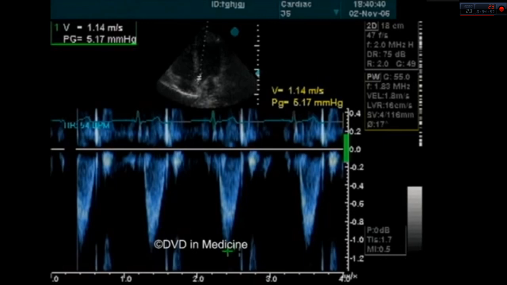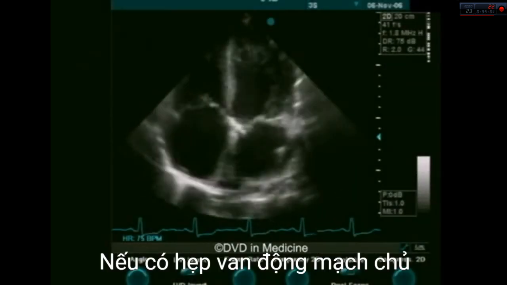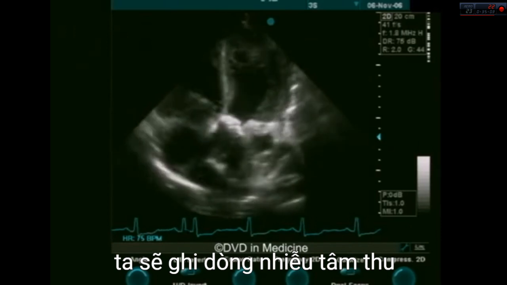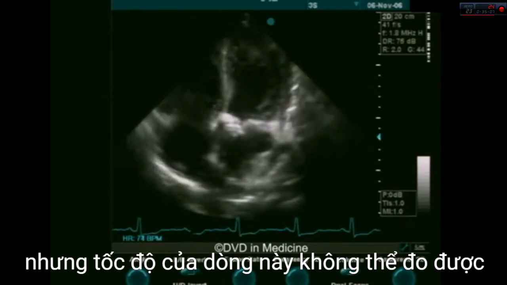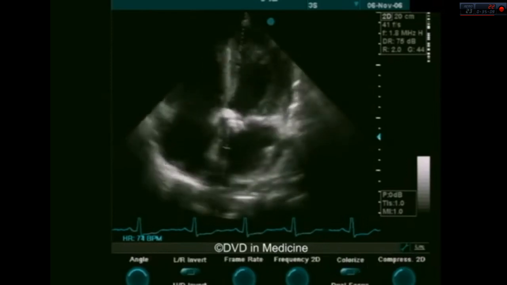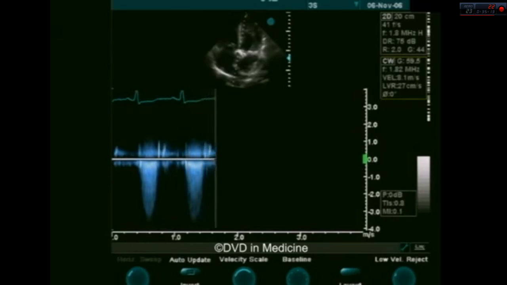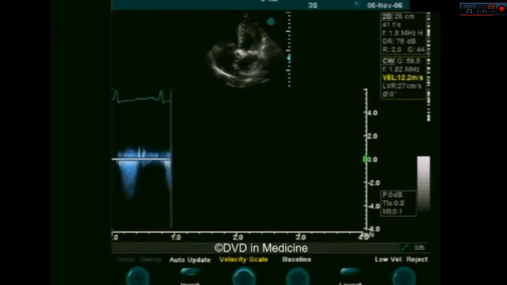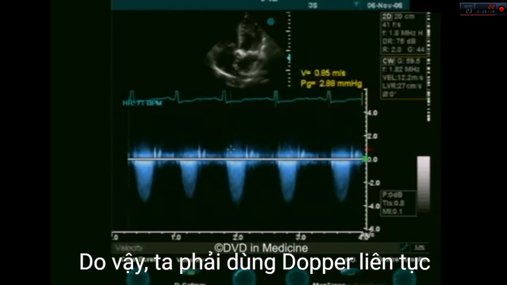If the aortic valve stenosis is present, one will register the turbulent systolic flow with a pulsed Doppler, but the velocity of this flow cannot be measured. Thus, one should use the continuous wave Doppler.